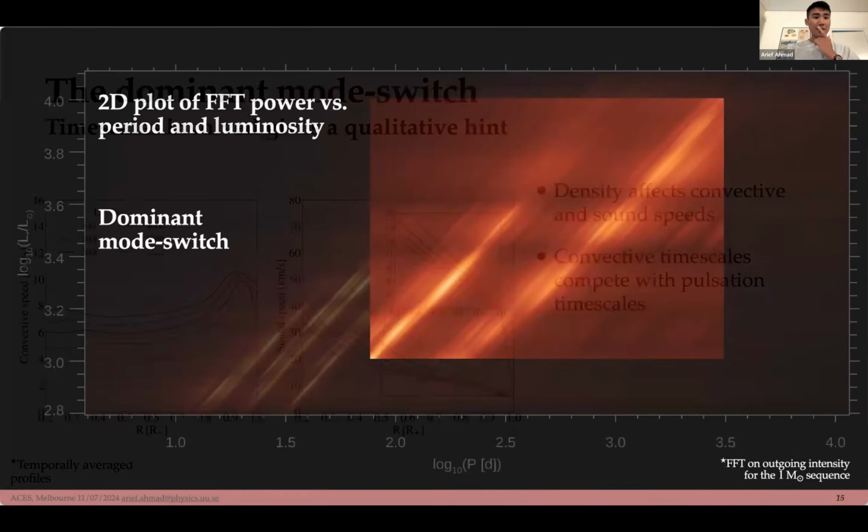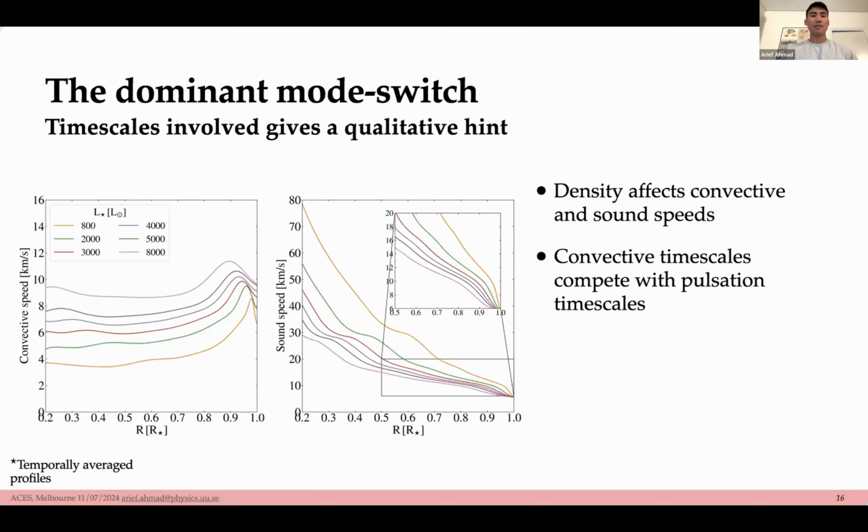So we can try to explain this mode switch. For example, this is a qualitative suggestion of what we can see. The plots on the left are the convective speed as a function of the stellar radius for the different luminosity sequence for the one solar mass AGB model. And on the right is the sound speed, again as a function of the stellar radius.